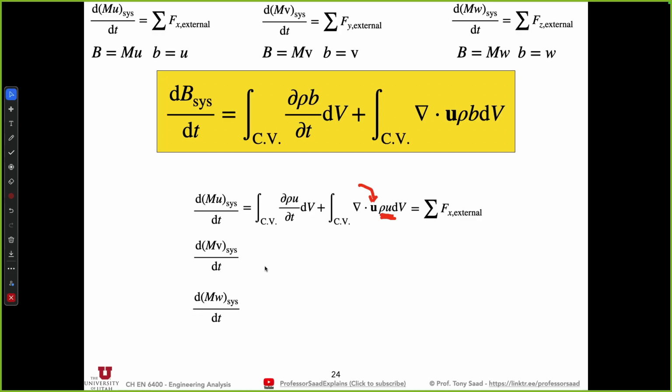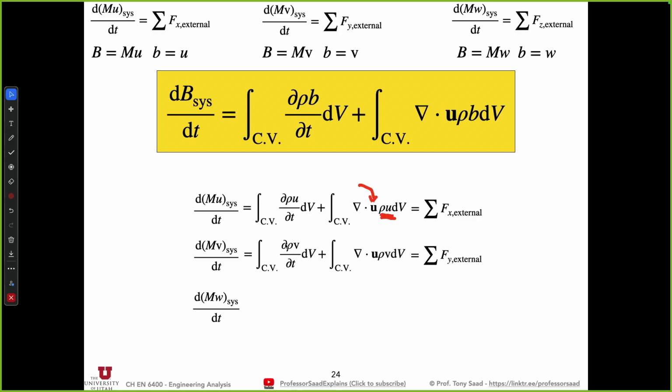So it's the integral of partial rho v over partial t dV, plus the integral over the control volume of nabla dot vector u rho v dV.